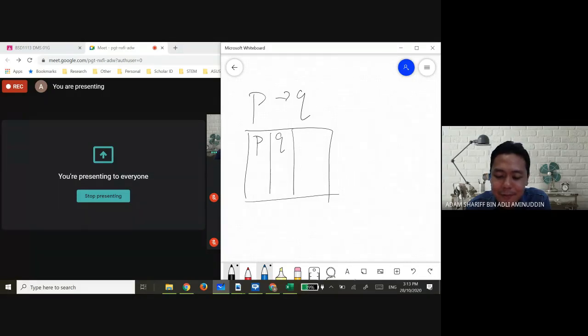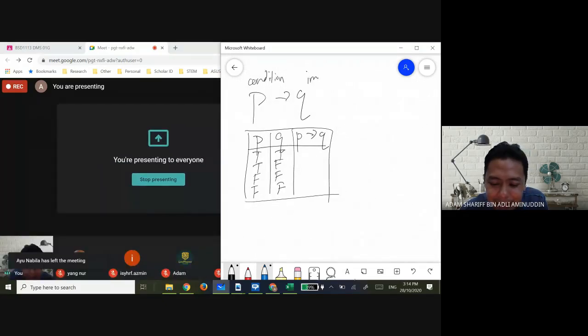P, Q. P implies Q, so it becomes T, F, and what Aiman said is correct. The answer should follow the rows. This is the basic form. If P is the condition, and Q is its implication.